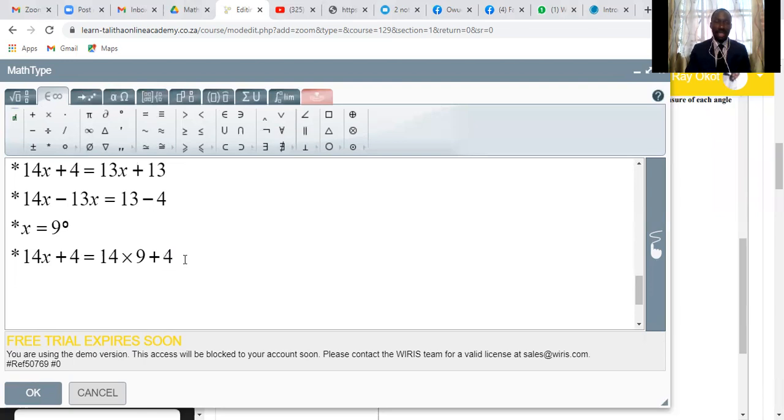When we add 14 times 9 to 4, we first simplify 14 times 9. 14 times 9 gives us 126. Now on to 126 we add 4. That will give us 130 degrees.